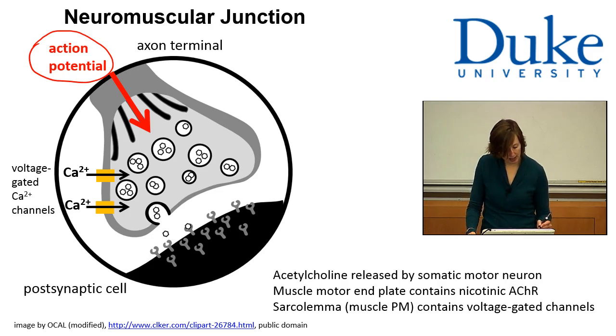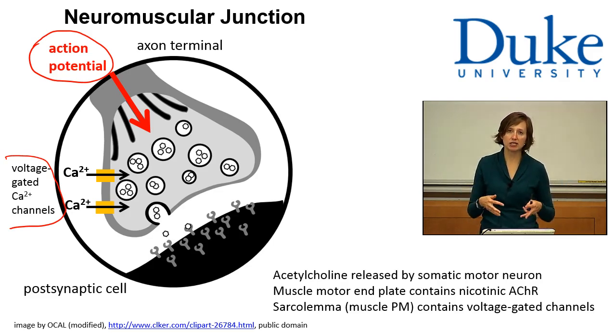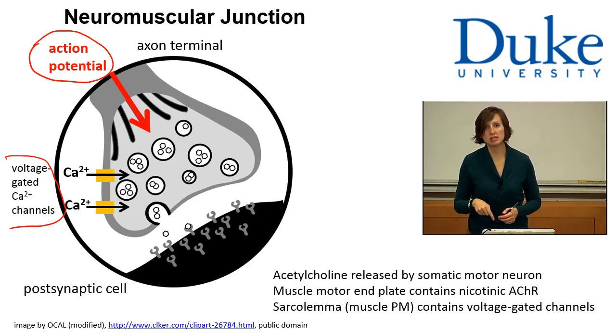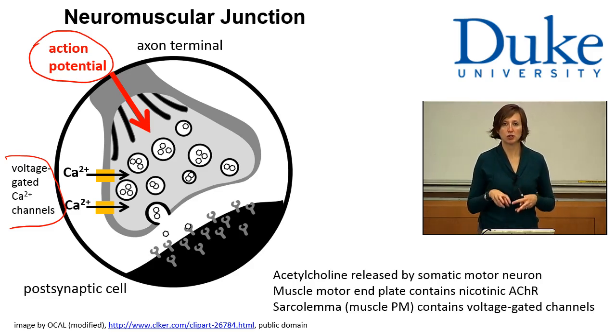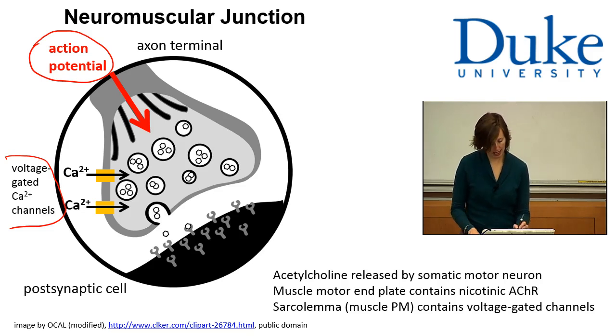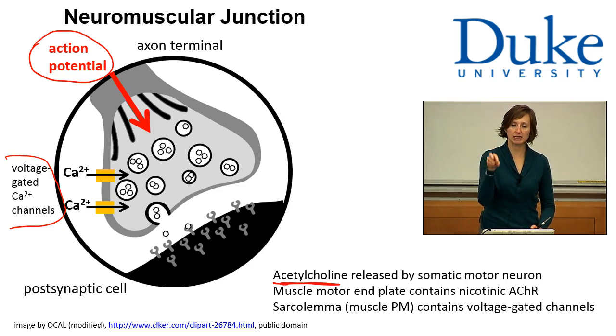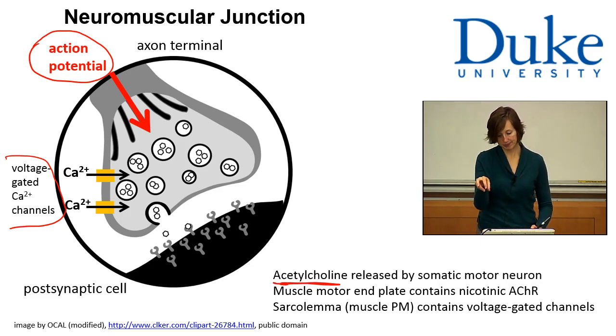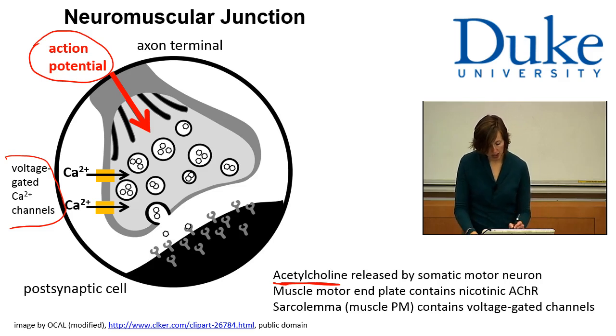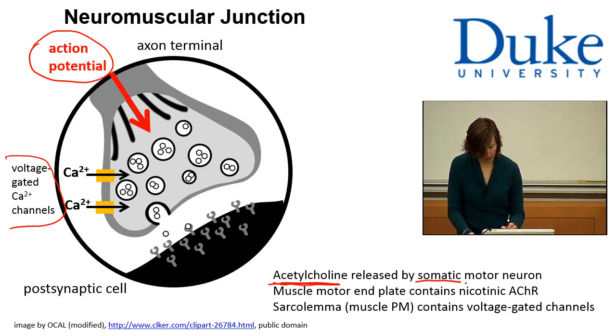And when it does, just like in a normal synapse, it's going to open voltage-gated calcium channels that will let calcium into the terminus of the axon, which is going to be the signal to cause vesicles of neurotransmitter, and more specifically acetylcholine, to fuse and to be released into the synaptic cleft.